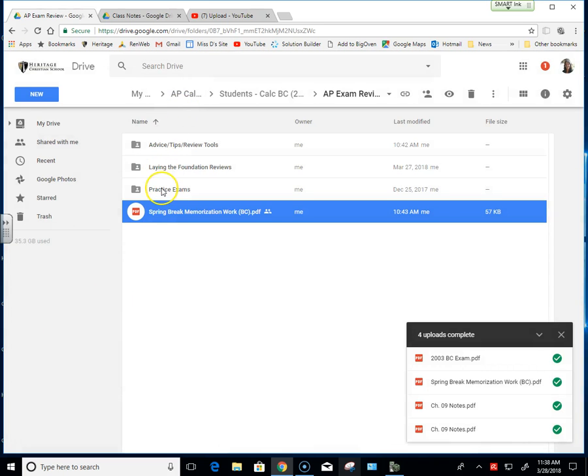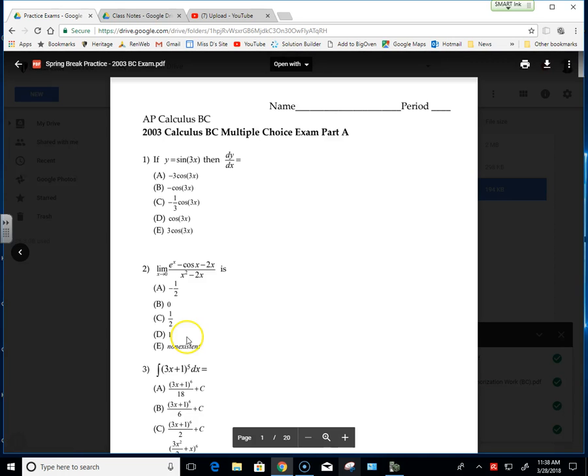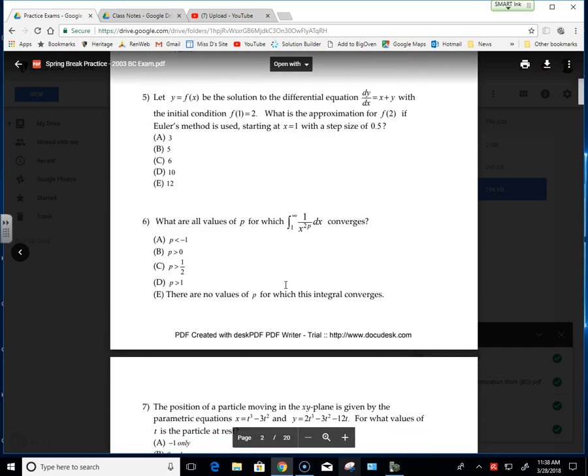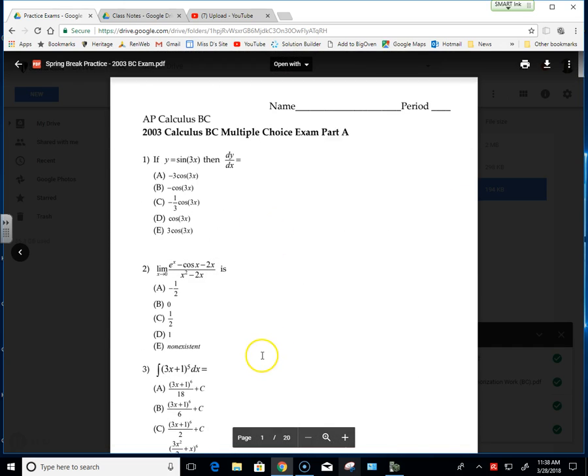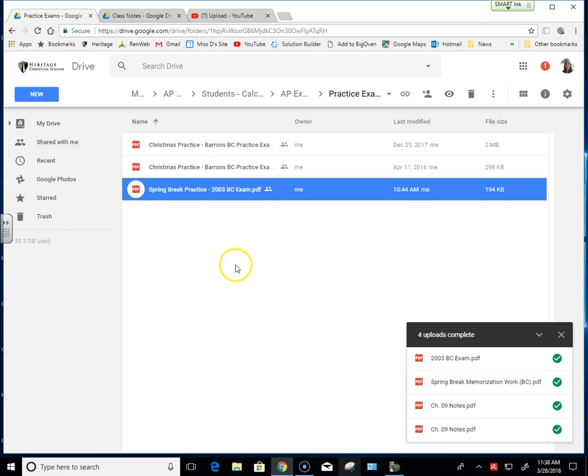In addition to that, remember over Christmas you had Barron's? Now what do you have? Spring break, a College Board full-length exam, 2003. The formatting is such that if you print it off, you guys know that the actual AP fits like 2 questions a page. I tried to find a formatting that fits a lot less. So the 2003 full-length exam is due attempted and graded.